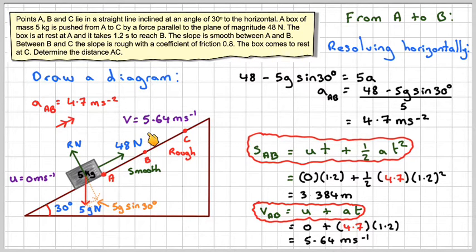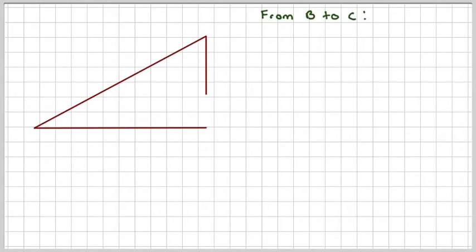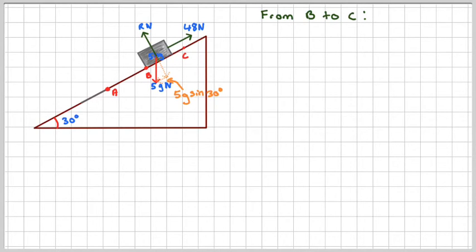So this will now become the initial velocity in the next part of the journey, which, bear in mind, the slope is now rough. So from B to C, using our diagram, draw a second diagram. We have one extra force acting now down the slope, the frictional force, which is mu R. And the initial velocity is 5.64 meters per second.